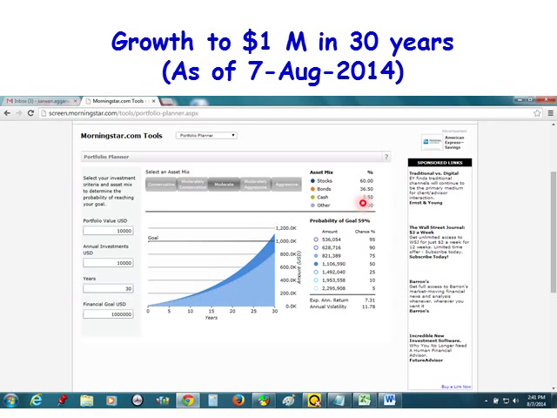That means that with 60% stocks, 36.5% bonds, and 3.5% cash, which is a 60-40 portfolio, 60% equities and 40% fixed income, it's possible to accumulate a wealth of $1 million in 30 years by starting with $10,000 and adding $10,000 every year. And this portfolio is of index funds, a passive portfolio.